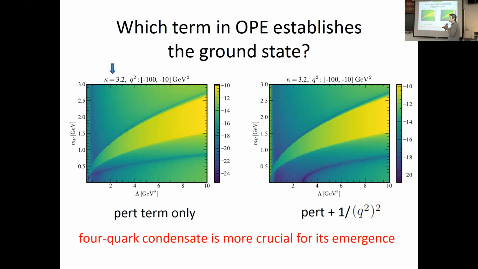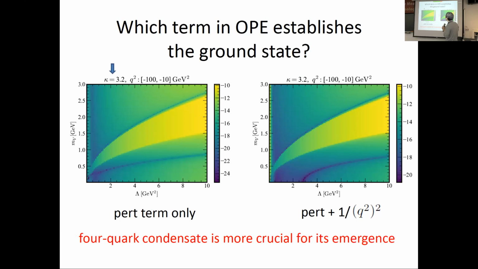Then you wonder which term on the OPE side establishes this ground state. We have several terms on the OPE side, so which term plays a key role? I show you this plot. If we keep only the perturbative piece, you don't see the plateau.